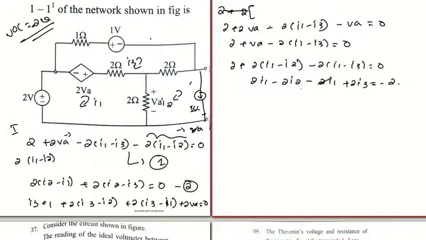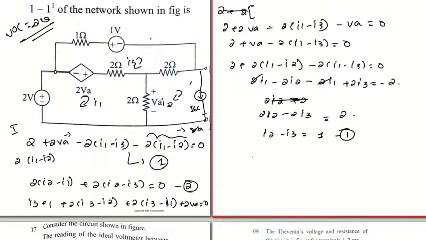So it will be 2I2 minus 2I3 equal to 2, or I2 minus I3 equal to 1. That is the first equation.